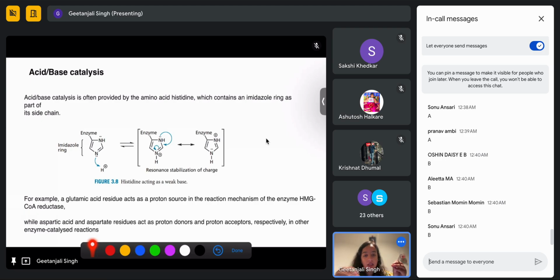H plus is being taken by the imidazole ring, and that's how they catalyze the reaction. The same can be done with glutamic acid in the case of HMG-CoA reductase, and aspartic acid can change into aspartate, and you'll read more about this in the upcoming lessons, I think, about the serine catalytic triad. So this is how acid-base catalysis works.